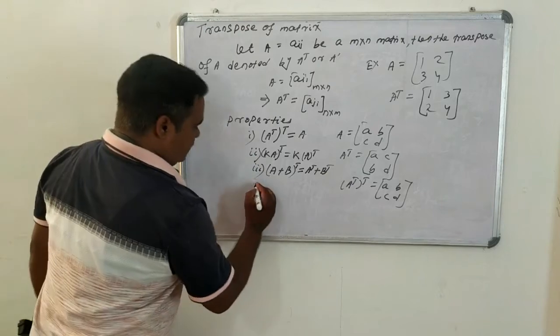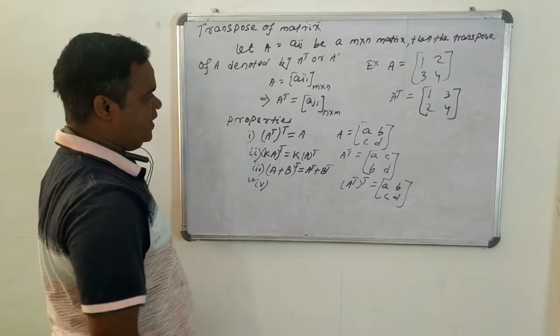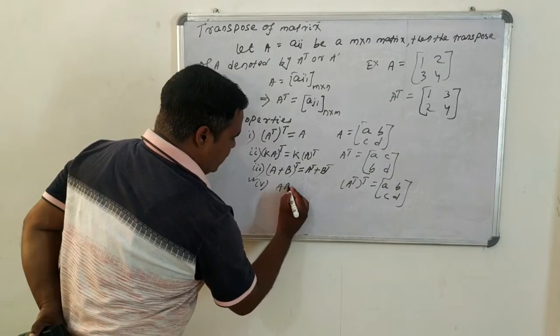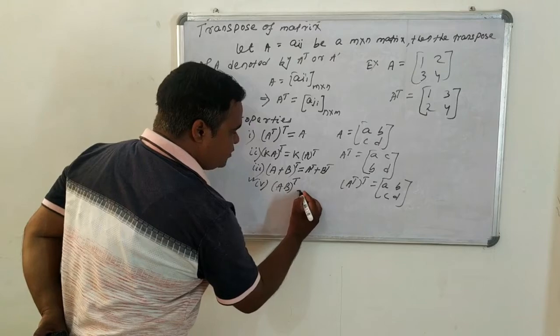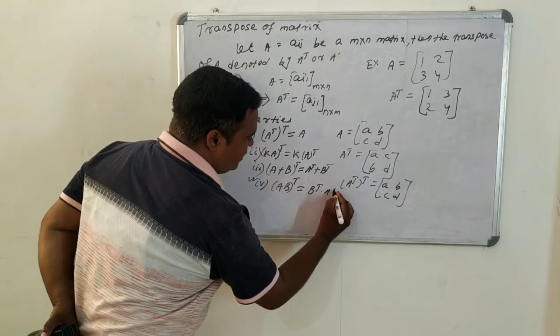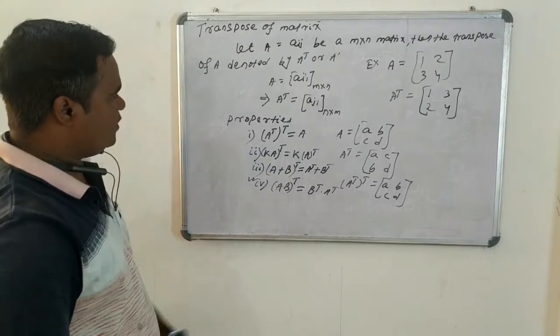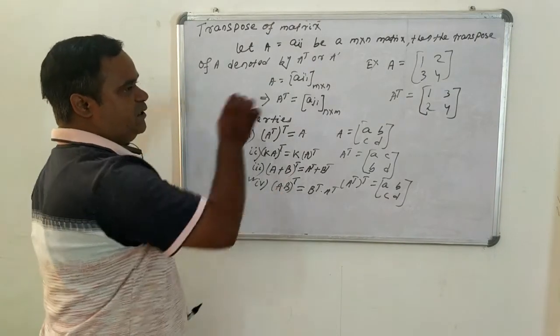The fourth one is a very important property: if A and B are multiplied together, then the transpose of AB equals B transpose multiplied by A transpose. I put this property in a question.